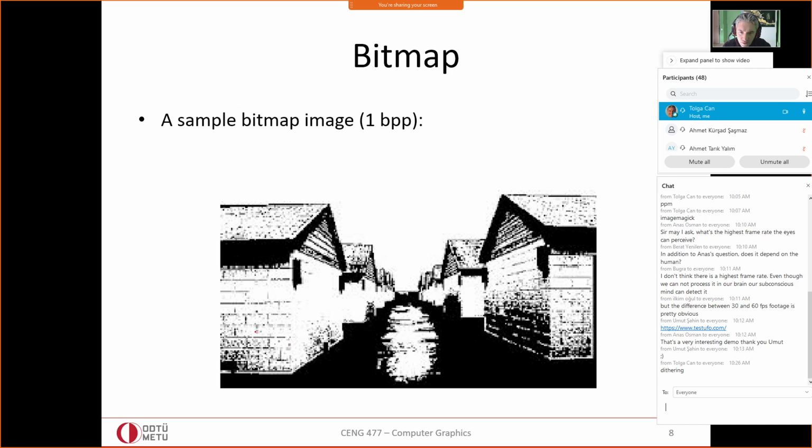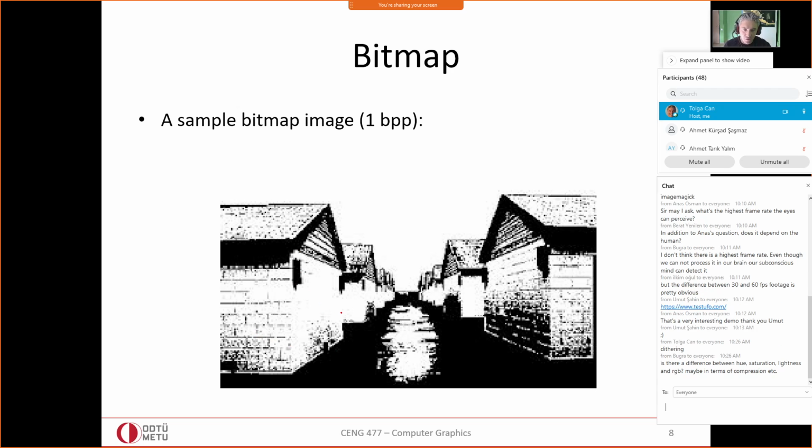And I think this is JPEG. It doesn't look like a bitmap to me. There are some grayscale values. If you look closely at this image, it's not totally black and white, right? I can see gray here, definitely.